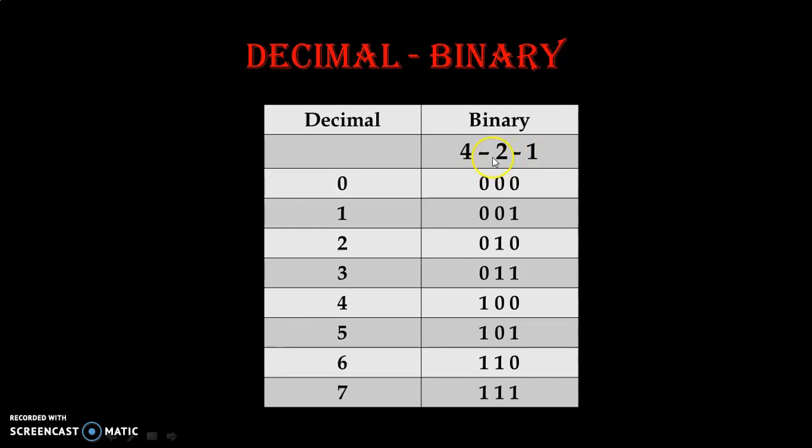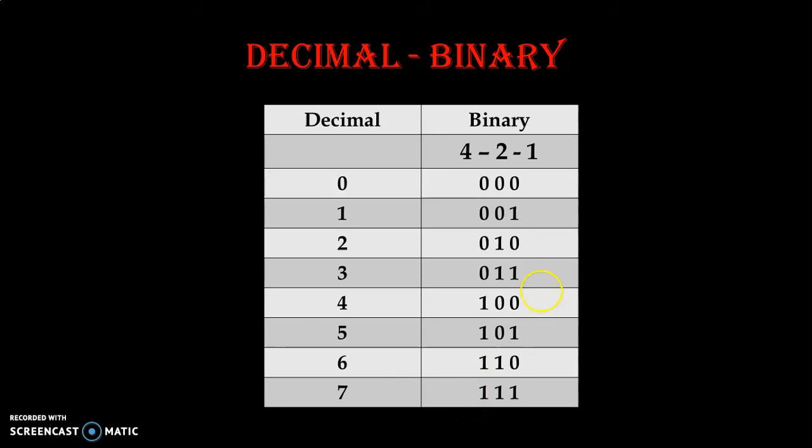And we have to do the addition: 4 plus 2 is 6, 6 plus 1 is 7. So if we write 111, the maximum value for 3 bits is 7. And in octal we know that the maximum value possible in a single digit is 7. So 111 is 7.